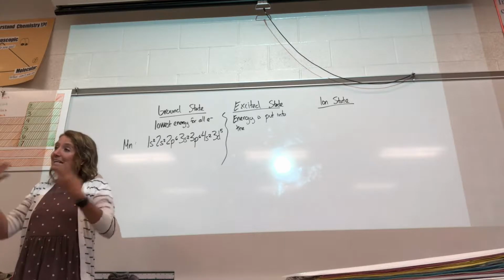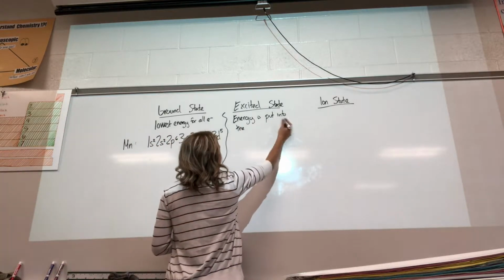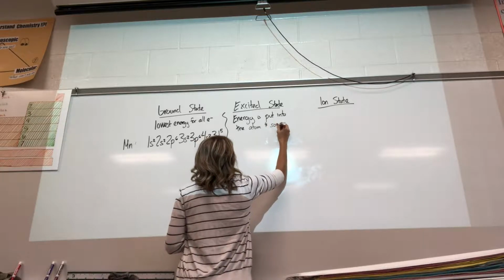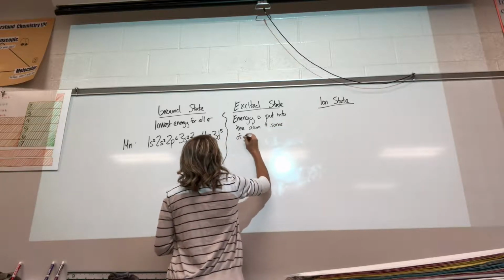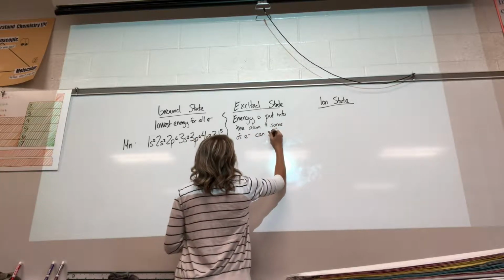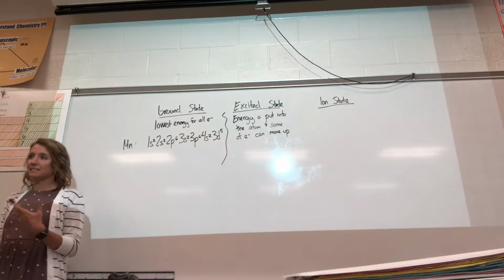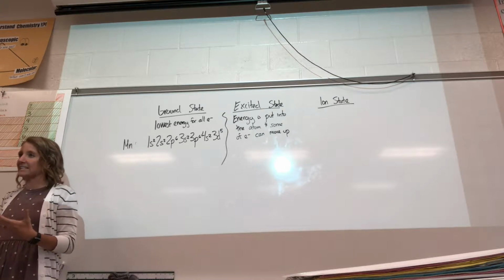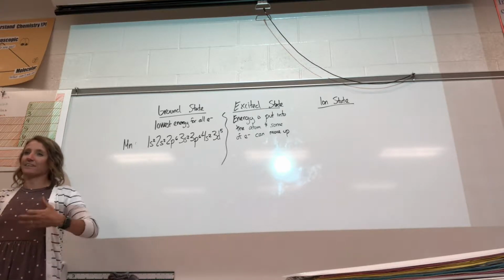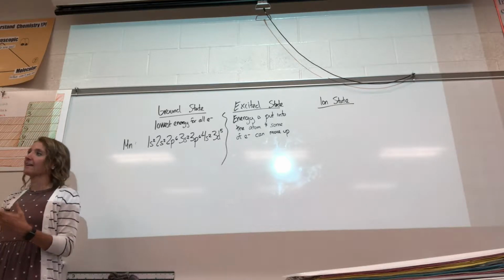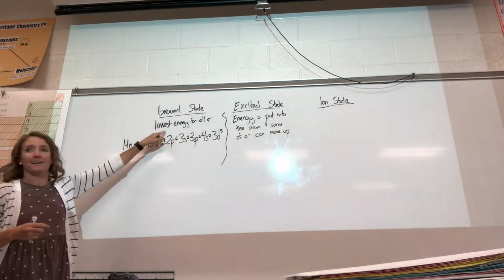If you put that into the atom, some of the electrons can move up. Now, the thing about an excited state is something cannot stay in the excited state forever unless you constantly are giving it energy. Once you take the energy away, the electrons will fall back to the ground.